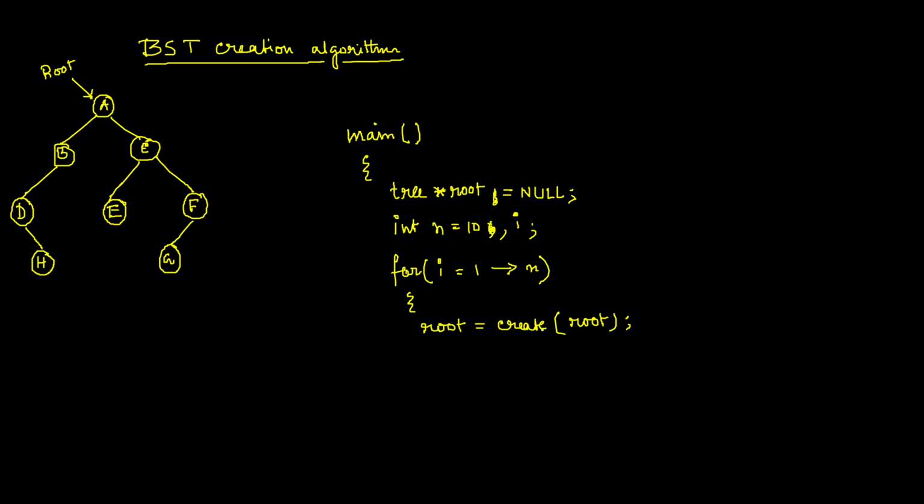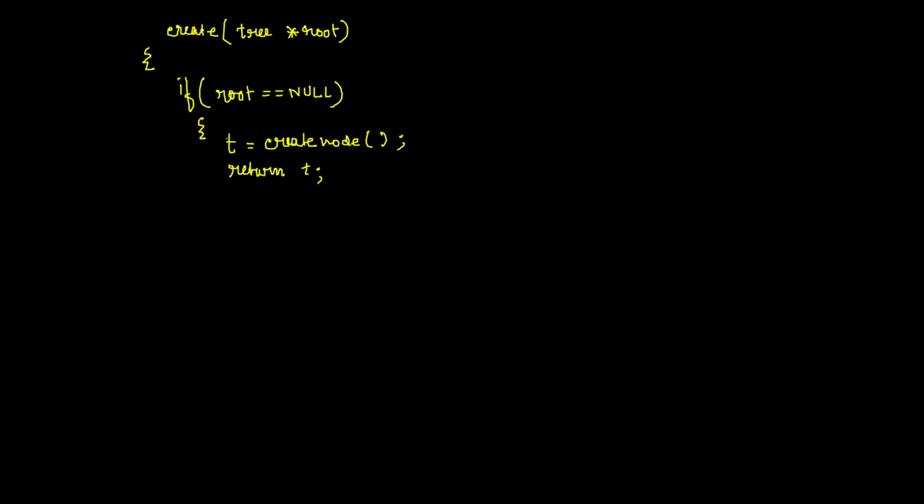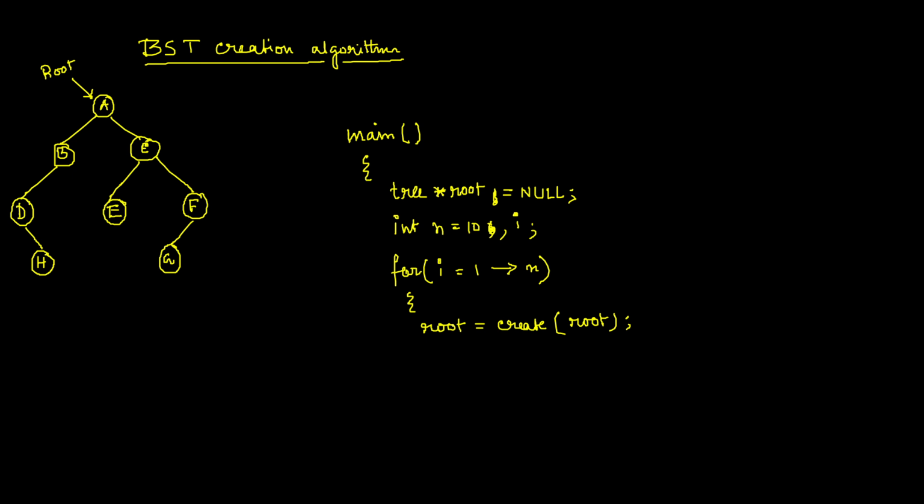What does it mean? When I'm calling the create function, I'm passing the content of the root, that is some address. Initially root is null, so null will get passed and it will come here. So root is null, that's why the node has been created the first time. Now you are returning the current address of a node, which is a valid address. So now this root will get updated.